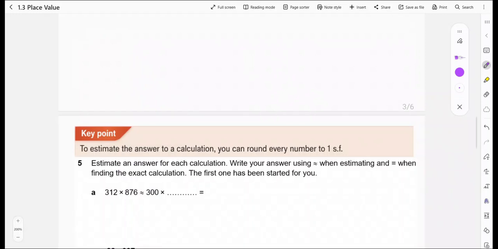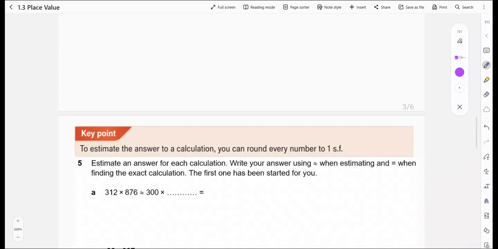Estimation is an important skill to have so that you can work out whether an answer is roughly correct before moving on. Rounding to one significant figure, or a sensible degree of accuracy, is the best way in order to estimate. So for this question we're going to estimate each answer.